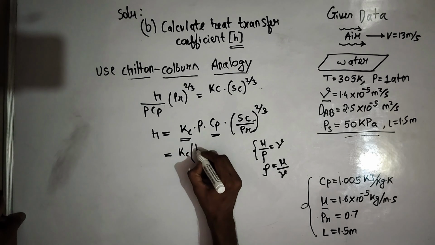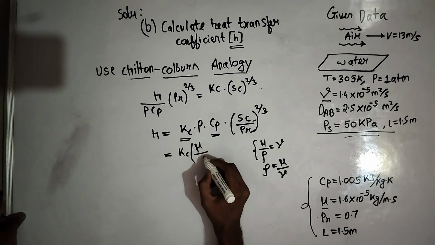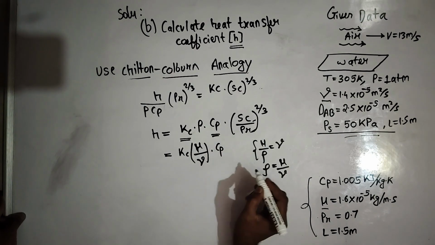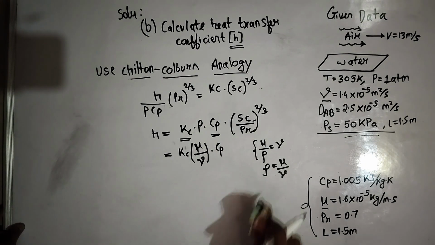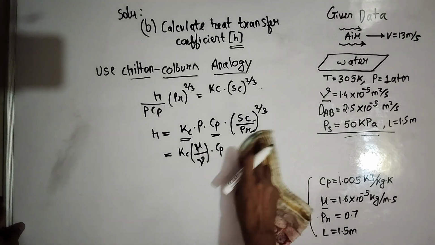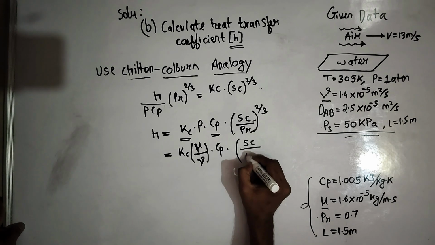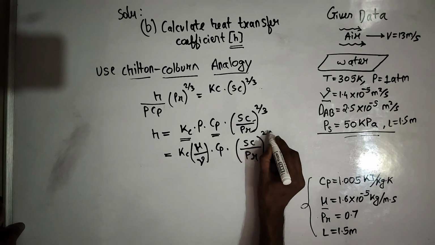So we will substitute this here, mu upon kinematic viscosity, into Cp, into Schmidt number upon Prandtl number to the power 2 by 3.